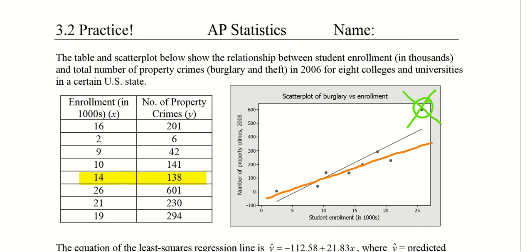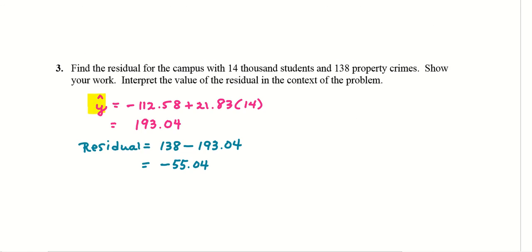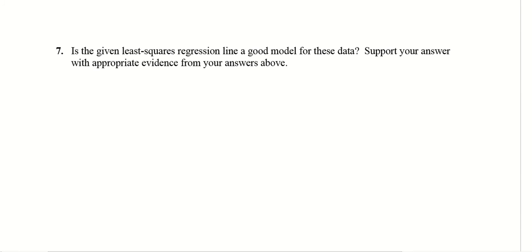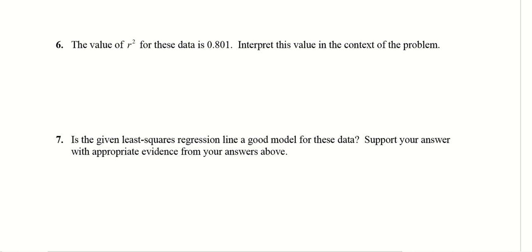Last question. Let's see here. I think we got one more to talk about. Oh, I lied. It's not the last. They give us r squared, interpret the value. Okay, so we discussed this in class.